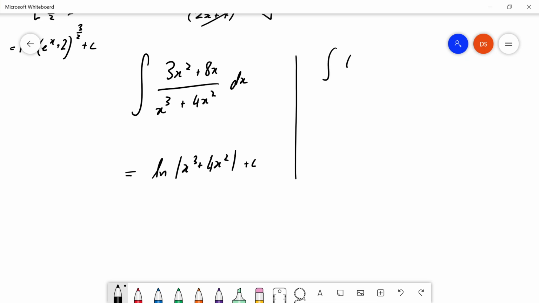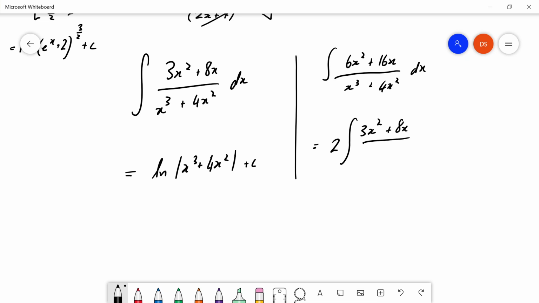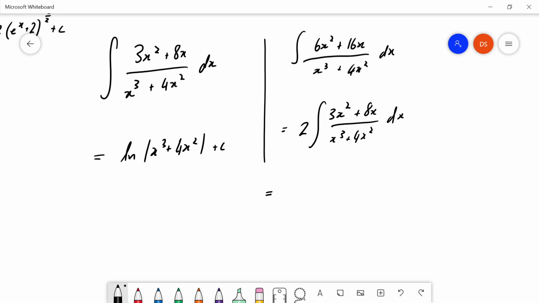What about (6x squared plus 16x) over (x cubed plus 4x squared) dx. You notice that if you factor a 2 out, you will get what you wanted. You will get the top as the derivative of the bottom, so the answer is just 2 ln (x cubed plus 4x squared) plus c.